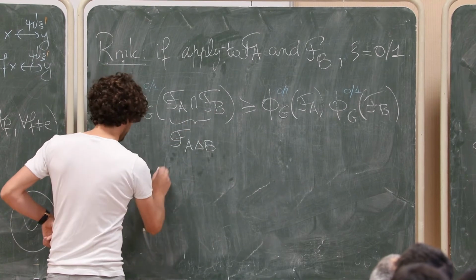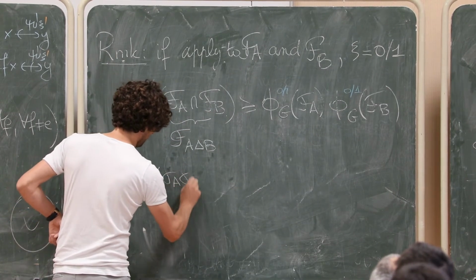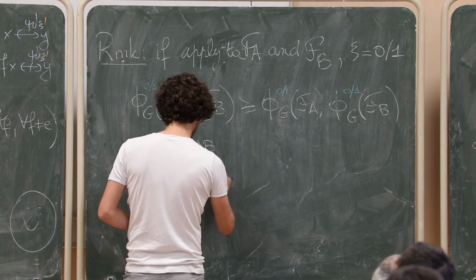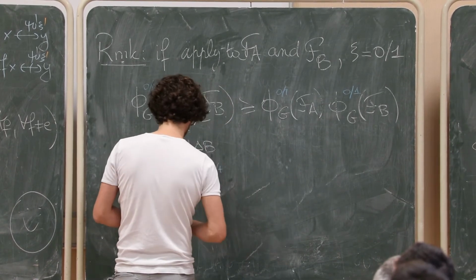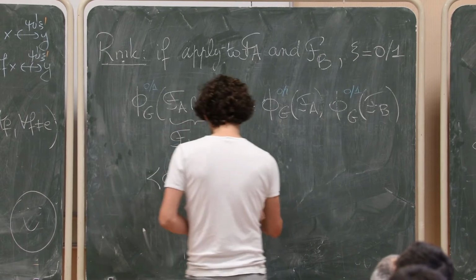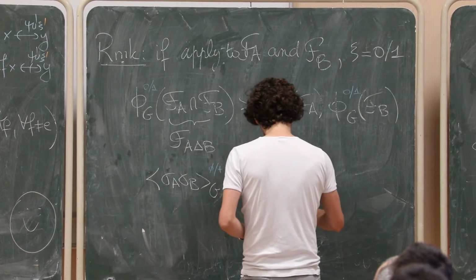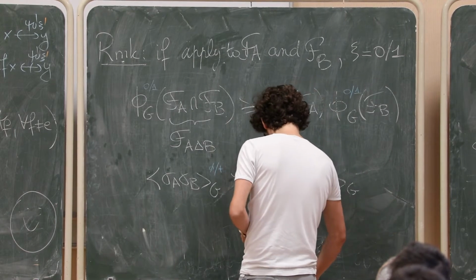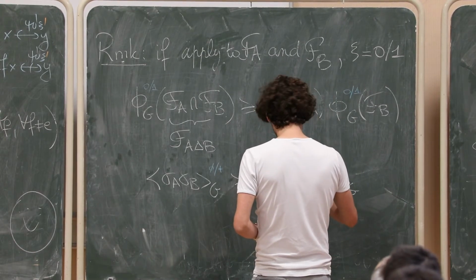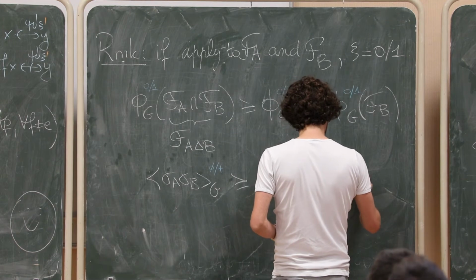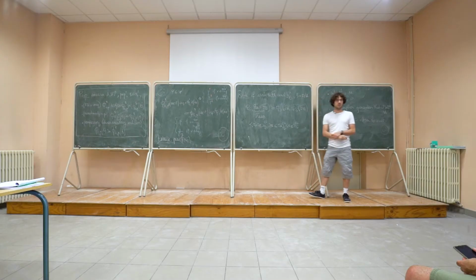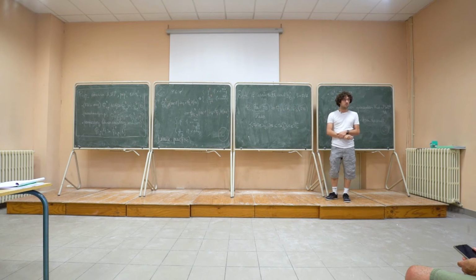So this translates into sigma A, sigma B, either in free or in plus, is larger or equal to sigma A, sigma B. So we recover, in this special case, the second Griffiths inequality. Okay?